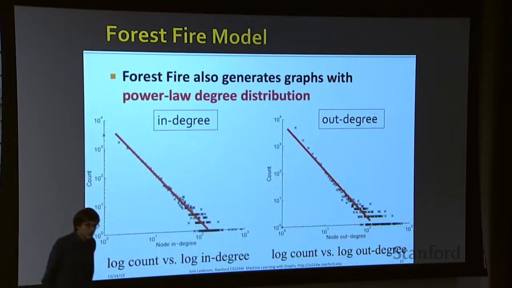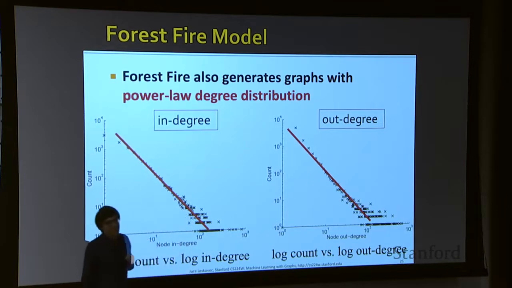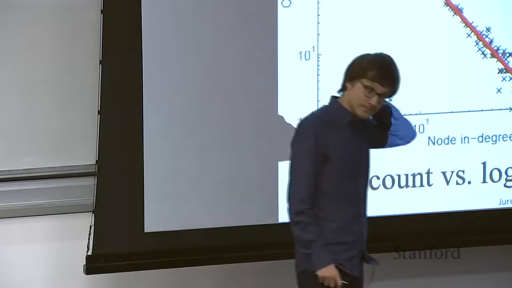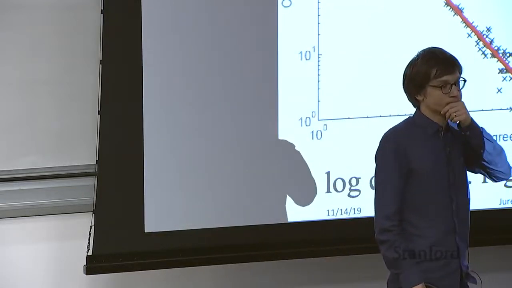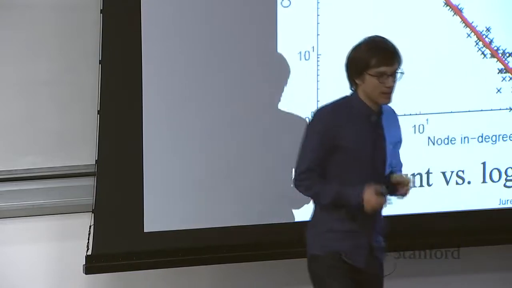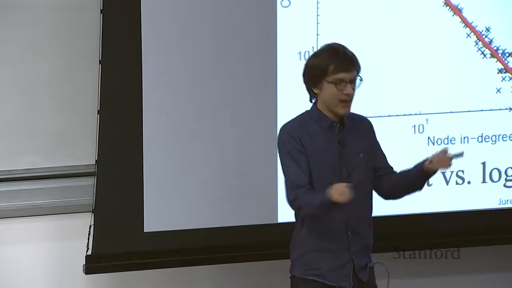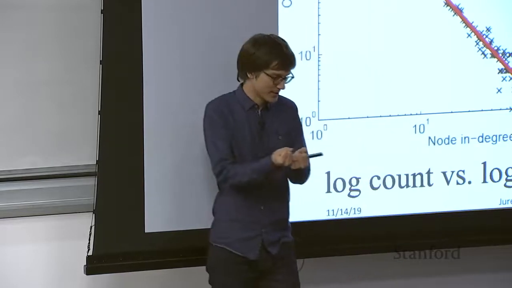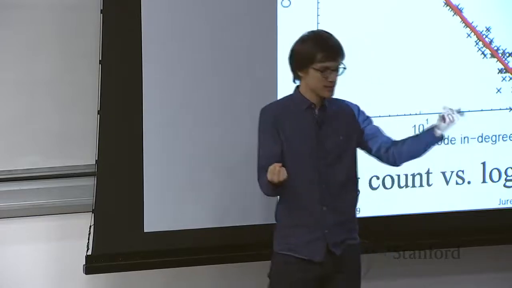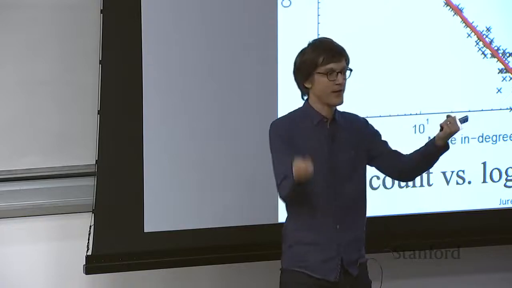Yes. For the in-degree distribution, you take both the parameters P and R, but for the out-degree distribution, there is only P, the geometric distribution. So why do you want to take the parameter from the out-degree distribution as well? You essentially need two parameters, and then the question is, how do you parameterize the thing? One way is to say, I have two different things. Another way is to say, this is the base, and the other one multiplies it as some kind of a factor.